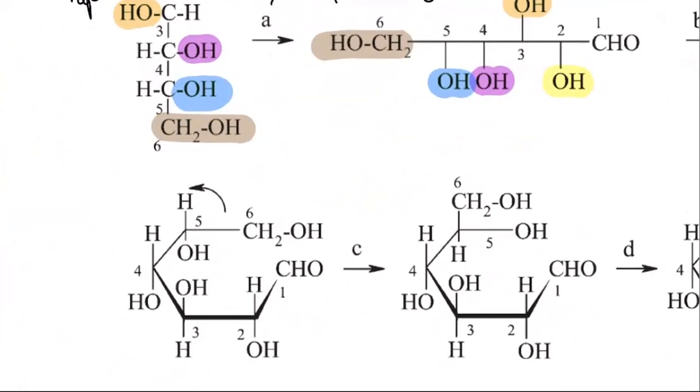So this carbon is this carbon. And you can see how we go from carbon number 1, which is the carbon in the aldehyde, down to carbon number 2, carbon number 3, carbon number 4, carbon number 5, and then this is carbon number 6, okay?